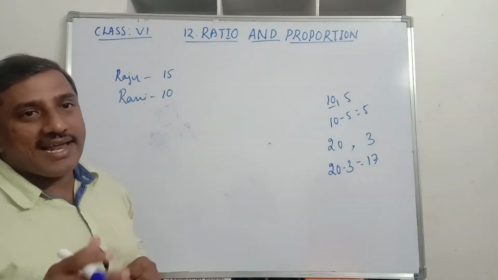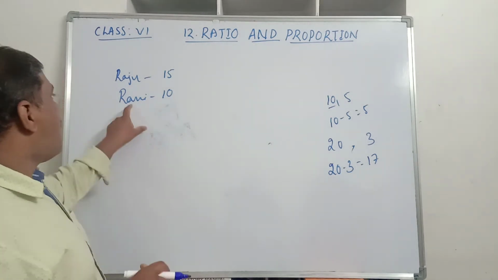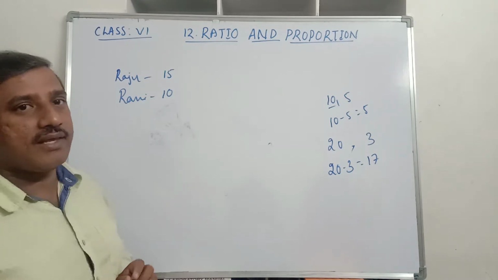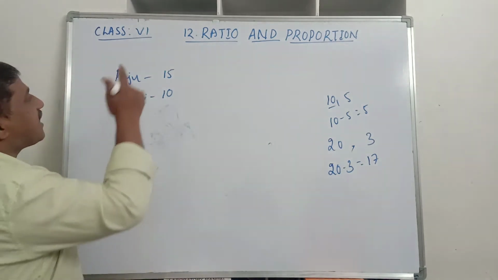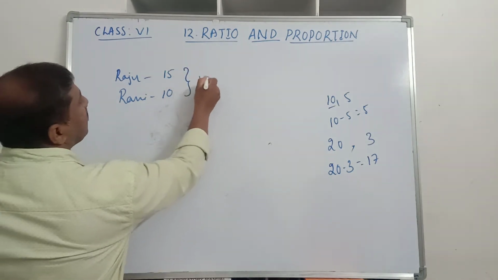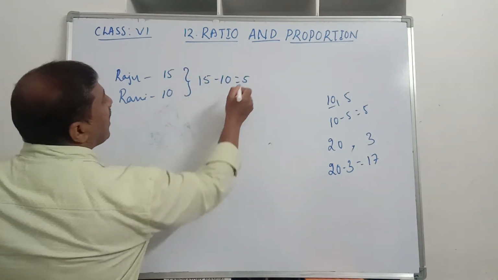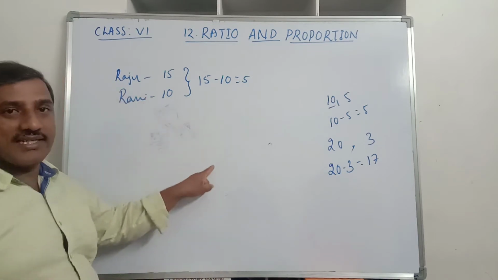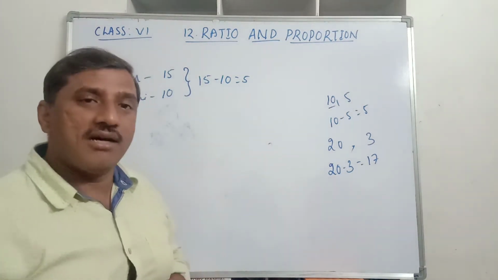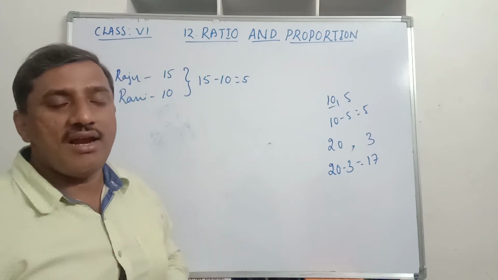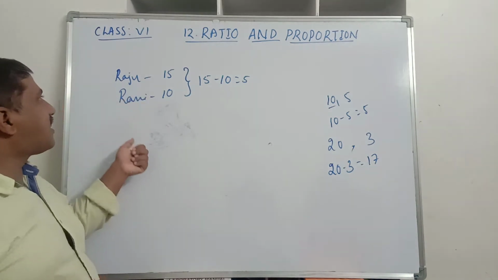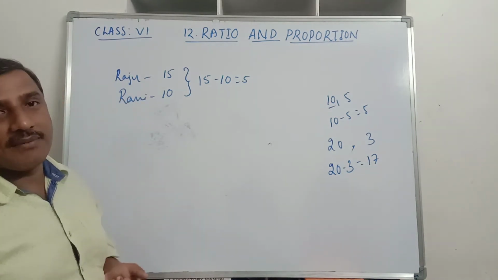How much more is it? We will subtract 15 minus 10, that is 5 flowers more. Razu has collected 5 flowers more than Rani. Like this we can compare the flowers collected by Razu and Rani by subtracting.